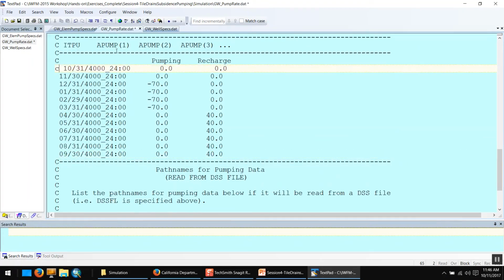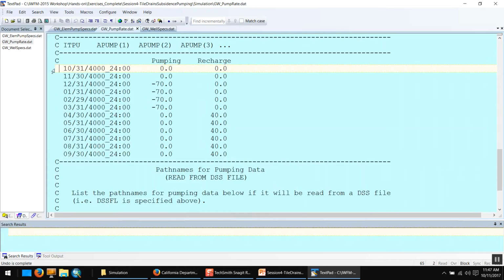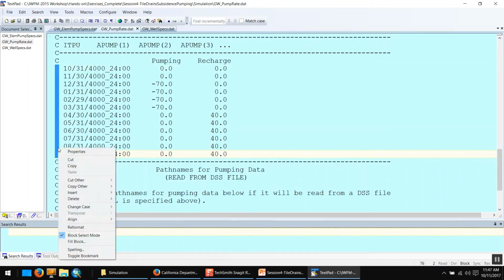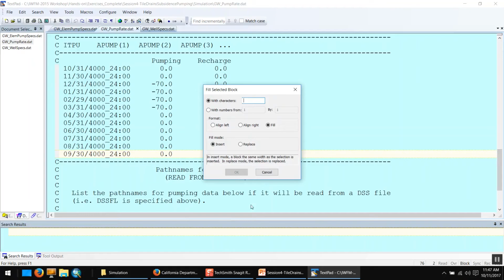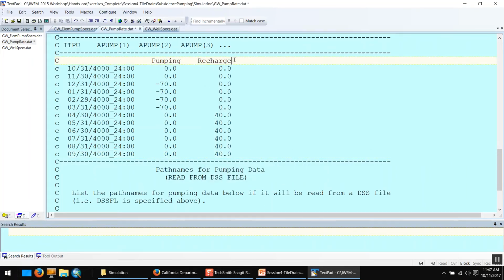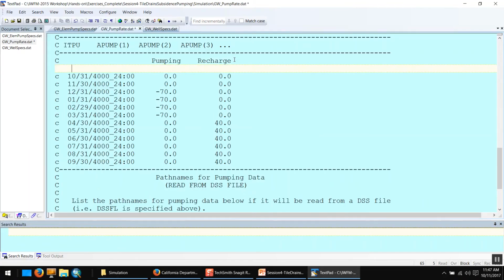Okay, so let's say you enter something like this: 12, 31, 2,000, 2,500. Let's say you want to pump constantly 70 and then recharge constantly 40.